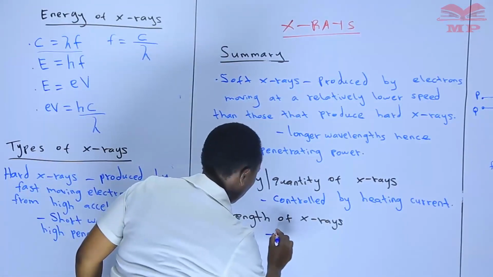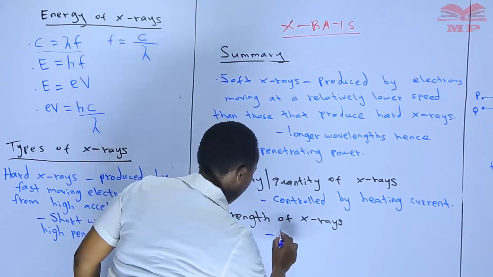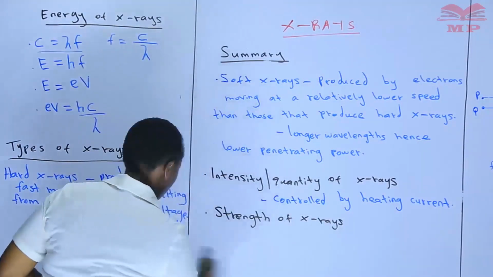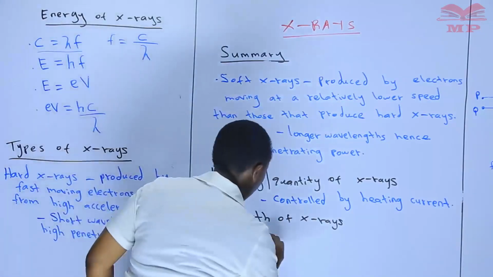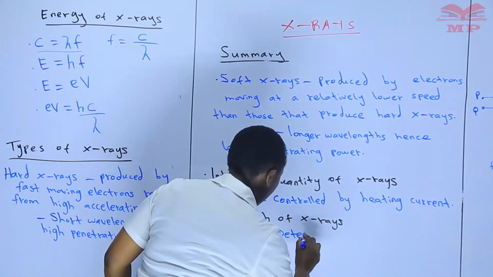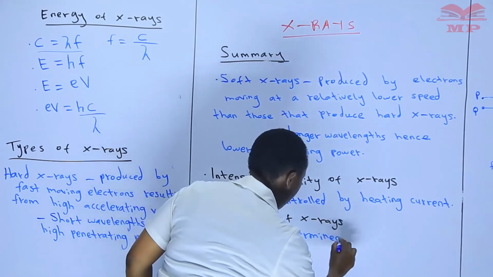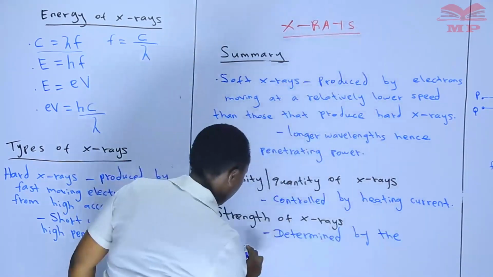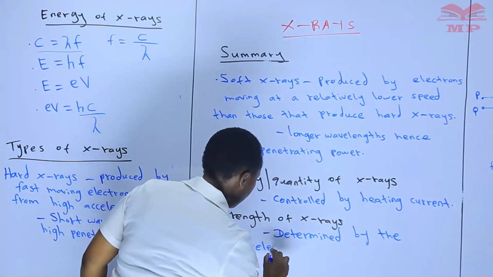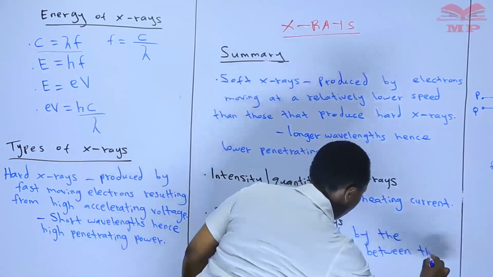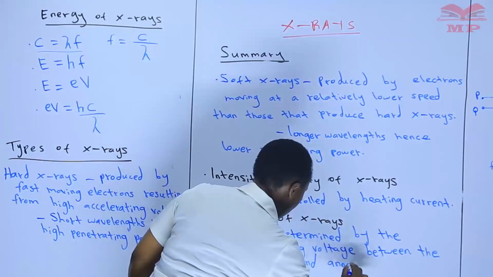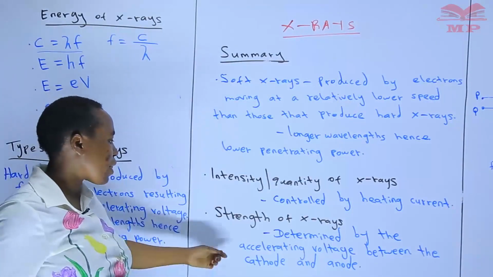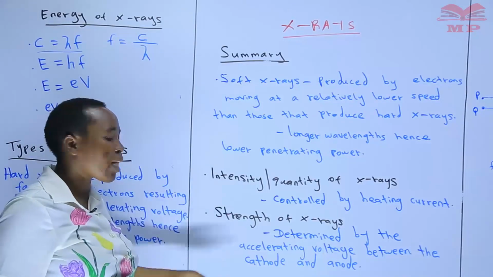It is controlled by the accelerating voltage. So you need to note that the strength of X-rays is determined by the accelerating voltage between the cathode and the anode.